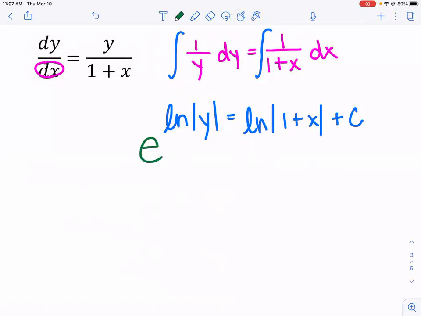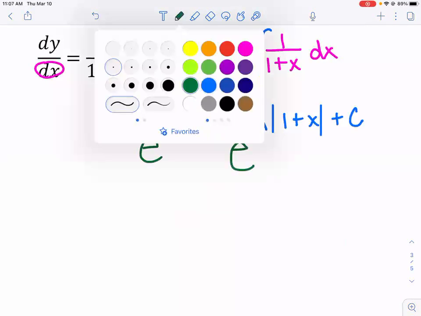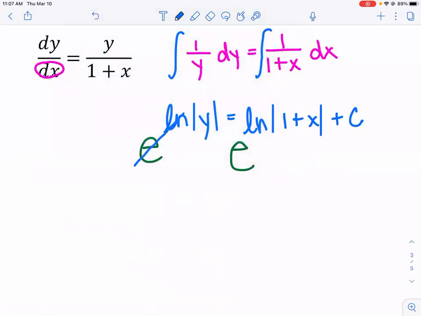That's a problem. I said, pay attention. The algebra is important. Okay, so to get rid of a natural log, we can take the e and make this our exponent. Well, if I do it to one side, I have to do it to the other side. Okay, well, how does that help? e to the natural log cancels out and we're left with y.